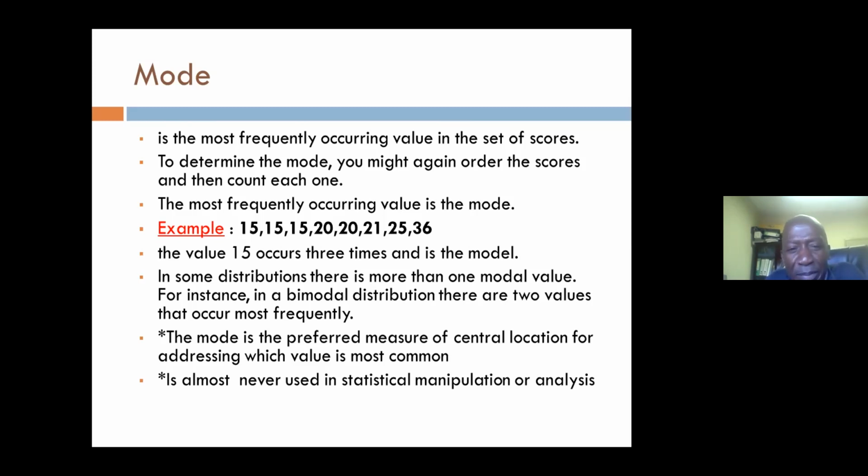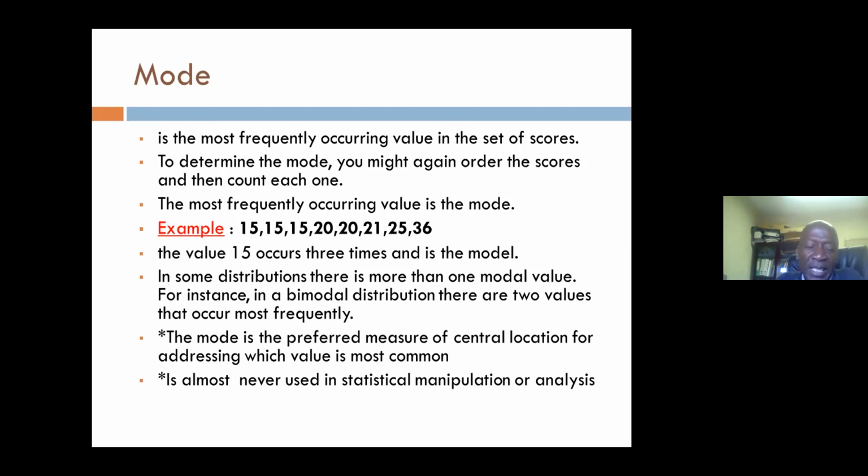Our data set may be multimodal or bimodal. If we have 2 values that appear the same number of most times, 2 values with the same highest frequency, then our data set is bimodal. Our data set can also be multimodal when you have more than 2 values that appear with the same highest frequency.